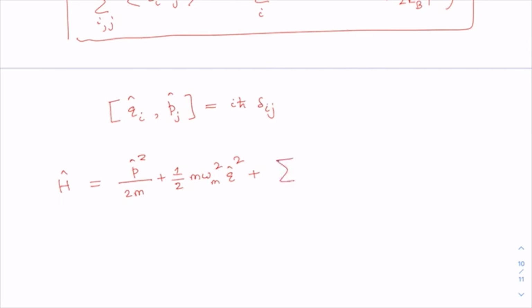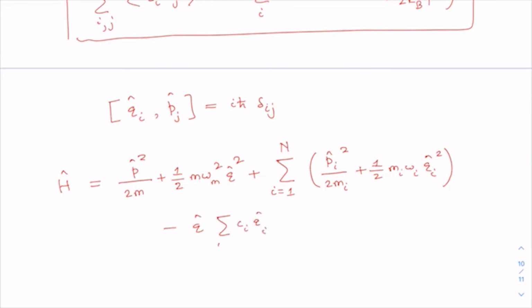Then the bath is considered to be a collection of n independent quantum harmonic oscillators with the corresponding momentum variable, say pi for the ith oscillator, mi is the mass of the ith oscillator, plus this potential energy term half mi omega i squared qi cap square. The interaction between the system and the bath oscillator is given by this particular term.